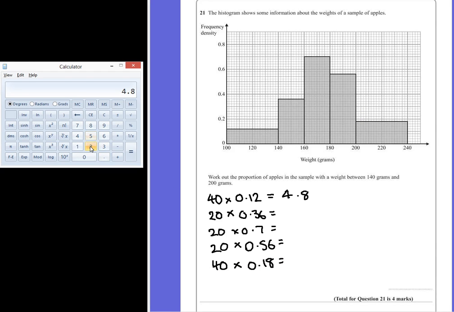Working these out to give us our frequency, we have 20 times 0.36, which is 7.2. 20 multiplied by 0.7, which is 14. 20 multiplied by 0.56, which is 11.2, and 40 multiplied by 0.18, which gives us 7.2.